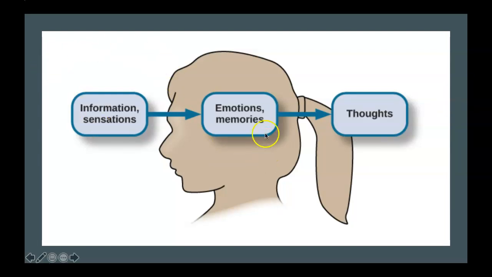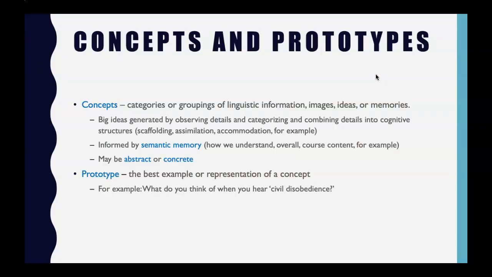You are going to have emotions and memories tied with that information, and it's going to affect how you think about those people. And I'm not going to touch too much about that right now because we're going to investigate it further in the social psychology chapter, but just think about the vastly different scenarios in which this illustration applies.